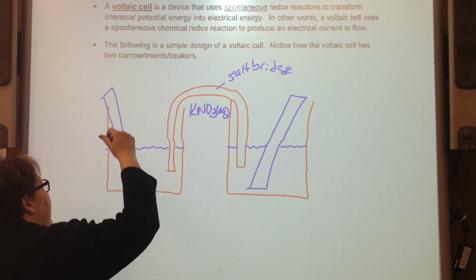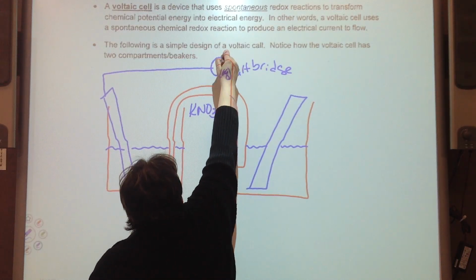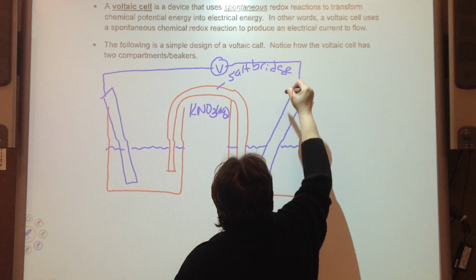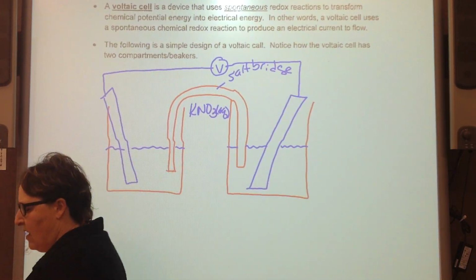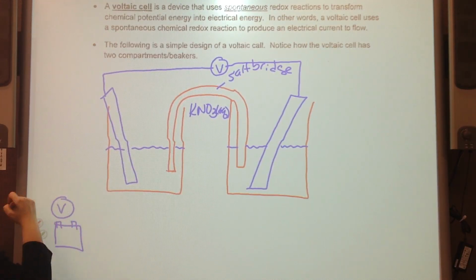We can measure that energy by connecting up a voltmeter. Okay? It can be a voltmeter, and they can show you it as a box like this, so it looks like a battery. They can do it like this. They can do it any number of ways.